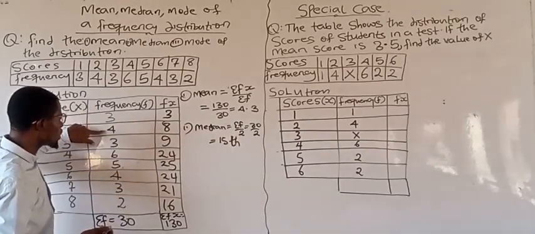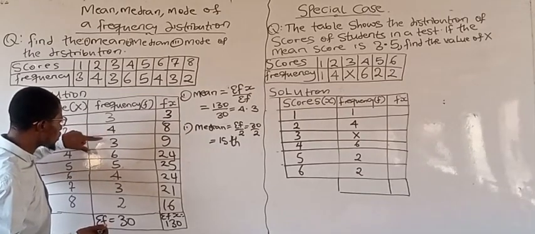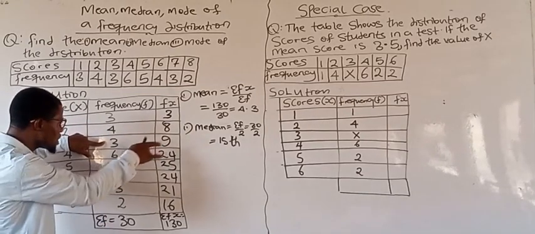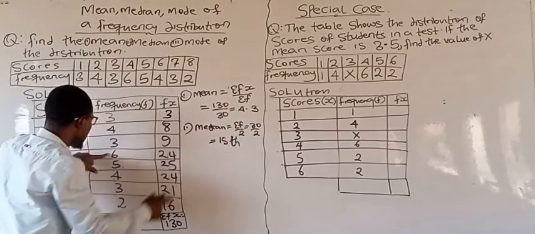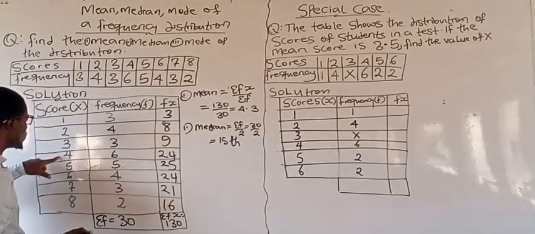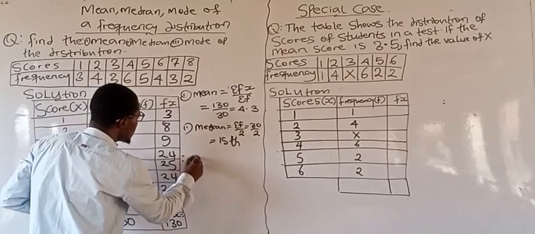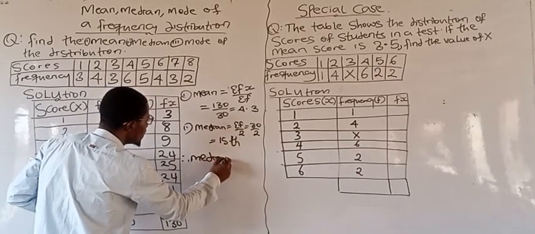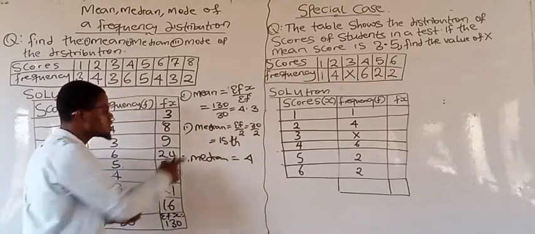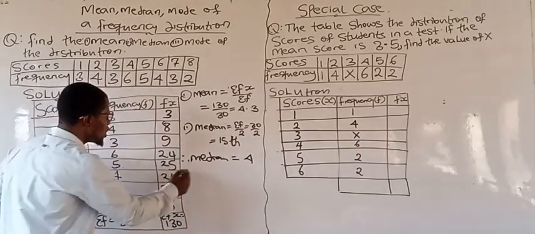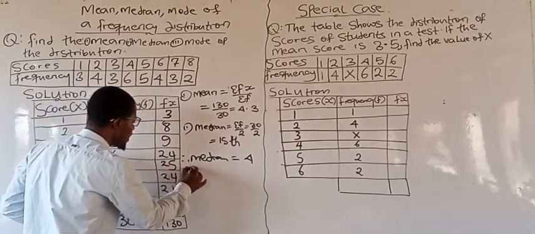So 3 plus 4 will give us 7. 7 plus 3 will give us 10. It's not up to 15. So 10 plus 6 is up to the 15th class. So we trace this to your x value. Therefore your median is equal to 4. That is your median. The 15th class here is 4.